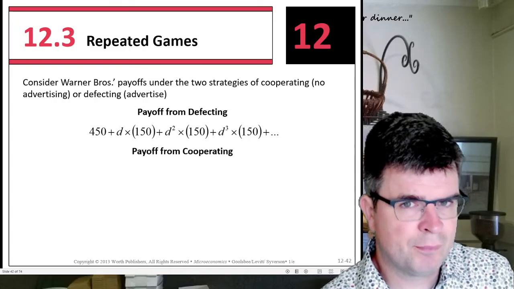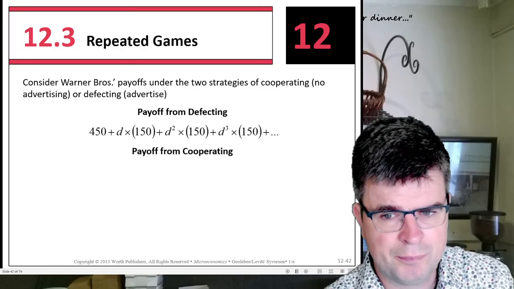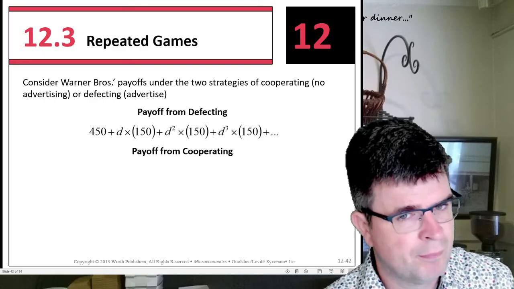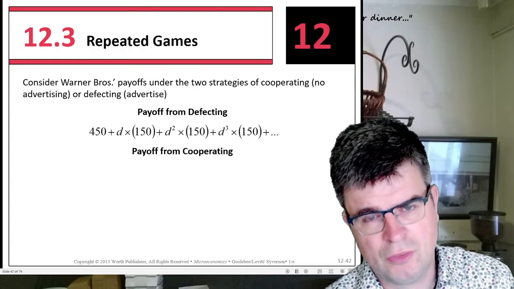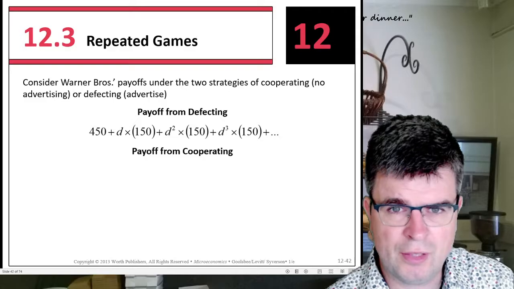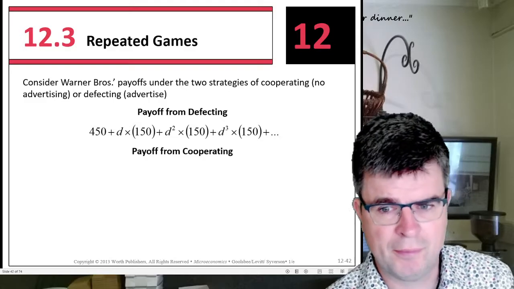What if instead Warner Brothers cooperates and will stick to its strategy as well? Well, in that case, it will not advertise in the current period. And Disney, based on Disney's strategy, observes that Warner Brothers doesn't advertise in the current period, so it also will not advertise in the next period.